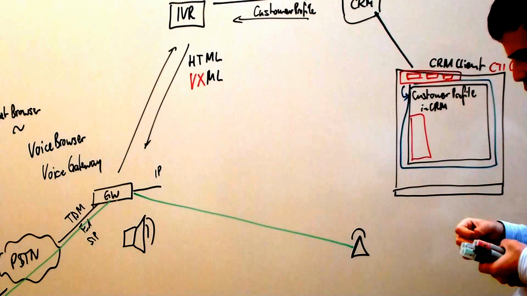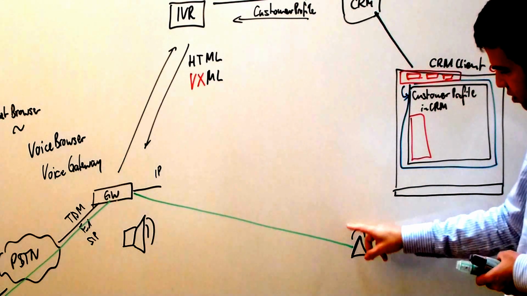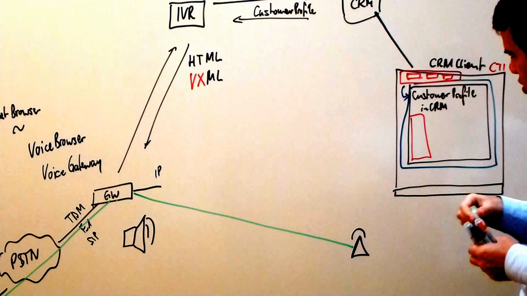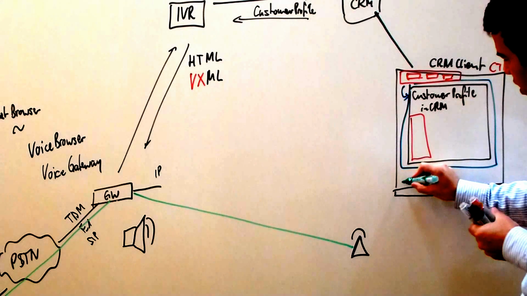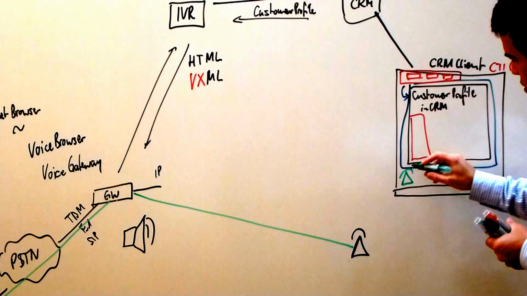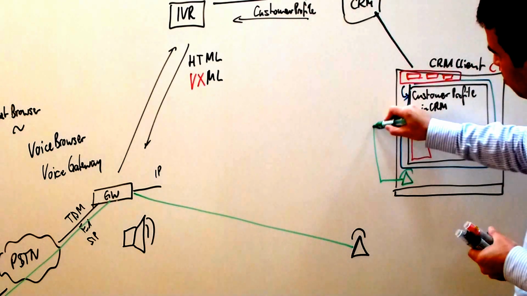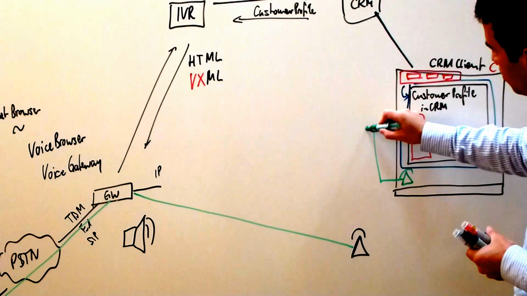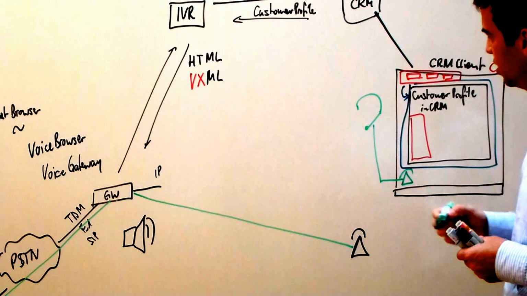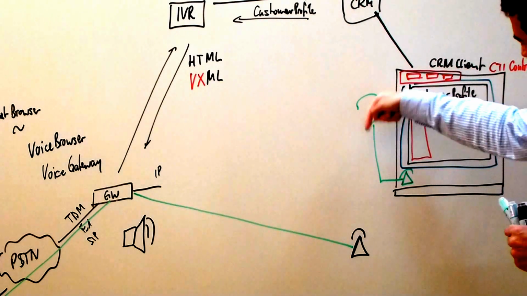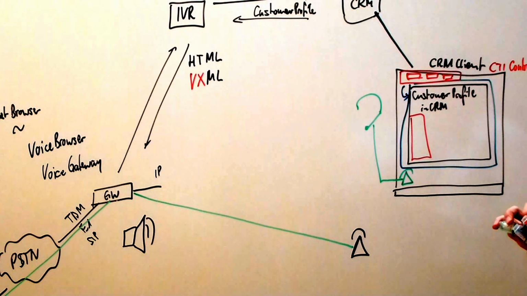A soft phone would mean that you don't have a phone here, but a soft phone embedded on the computer, and that you would have the headset plugged into the computer, like this. So basically you only have a headset that you plug into the computer.